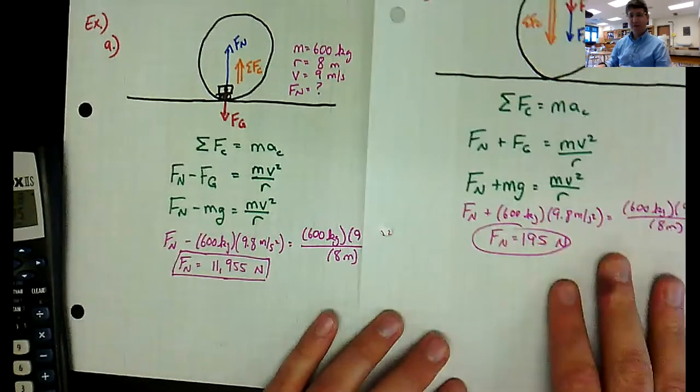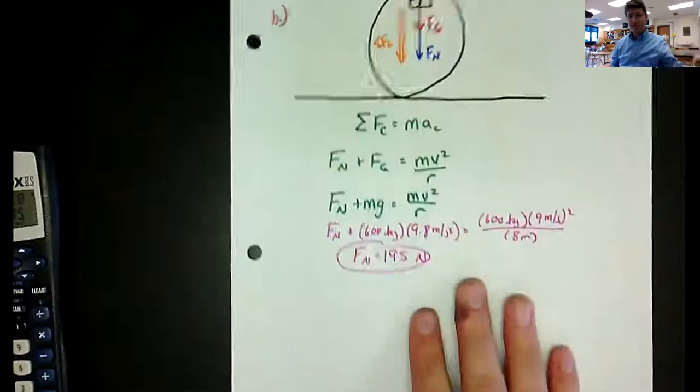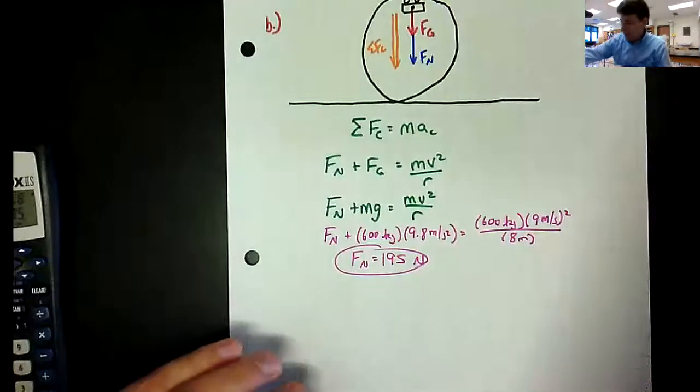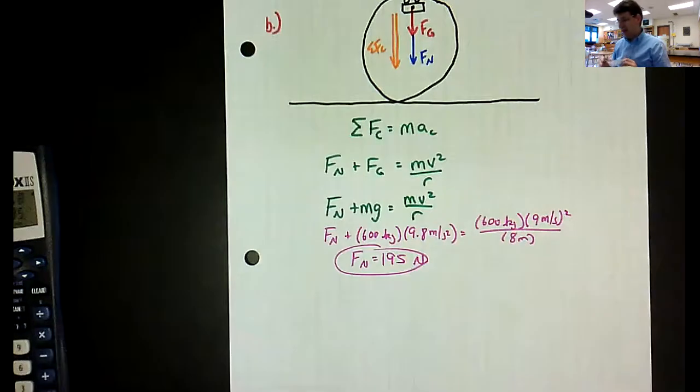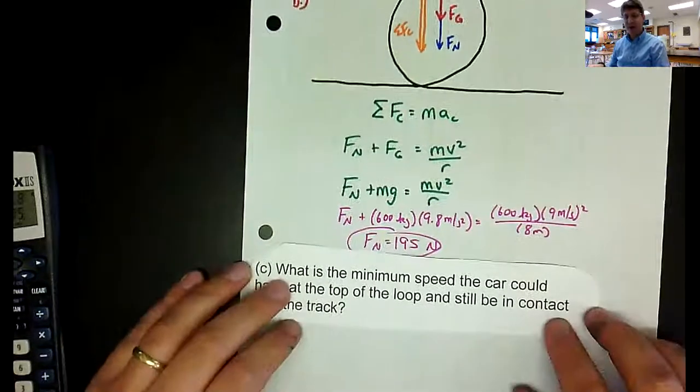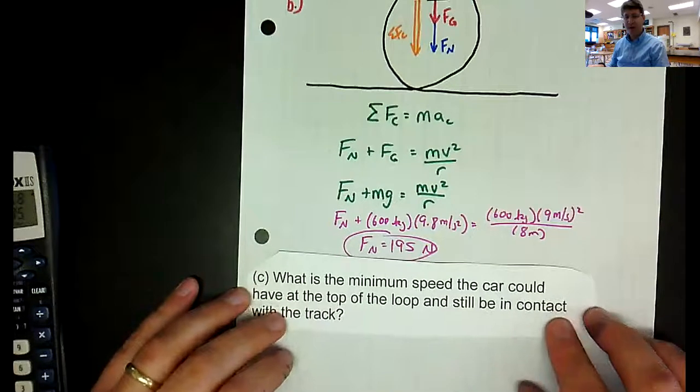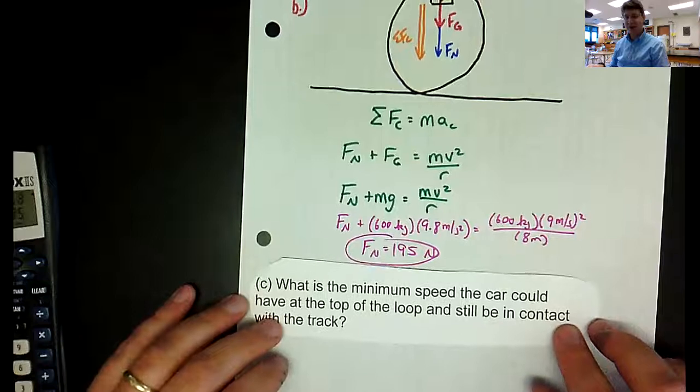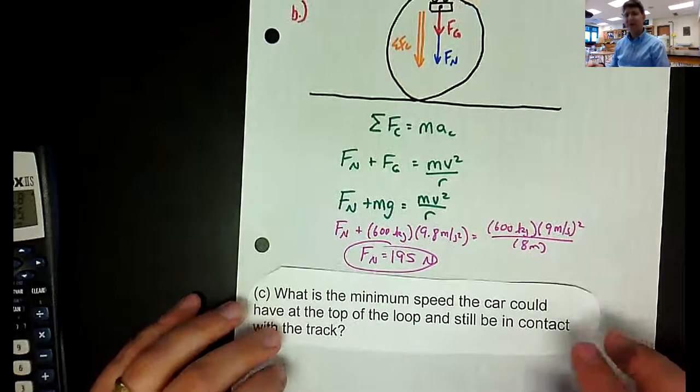There's one follow-up question I want to ask about this. This time I told you it was 9 meters per second. Let's say that I wanted to know what's the minimum speed the car can have at the top of the loop and still be in contact with the track. So let's think about what that means.